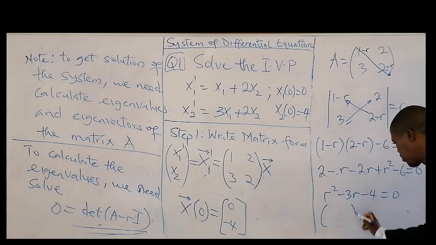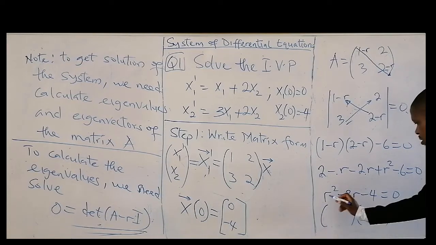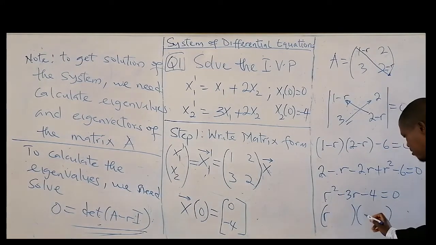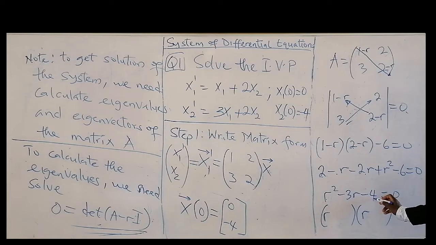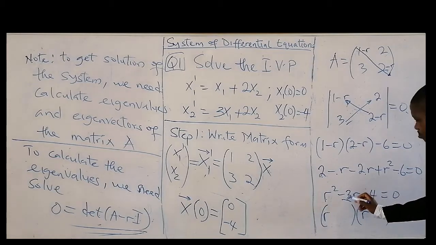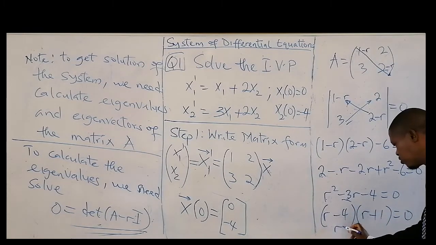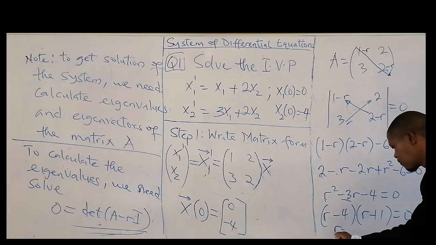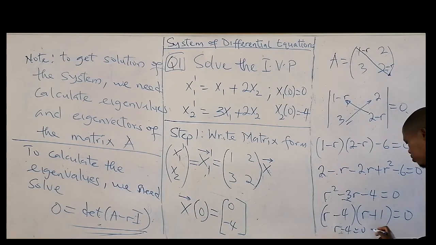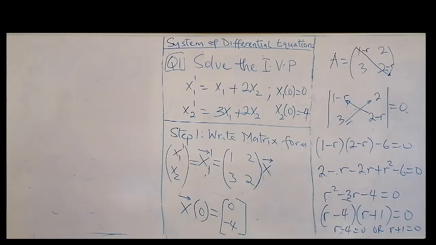Then we can factorize this expression: r squared minus 3r minus 4. Factors of 4 that can give us minus 3 are 4 and 1. So to get minus 3, that will be minus 4 plus 1. So r minus 4 is equal to 0, or r plus 1 is equal to 0.